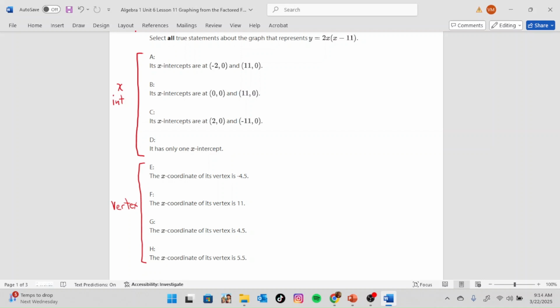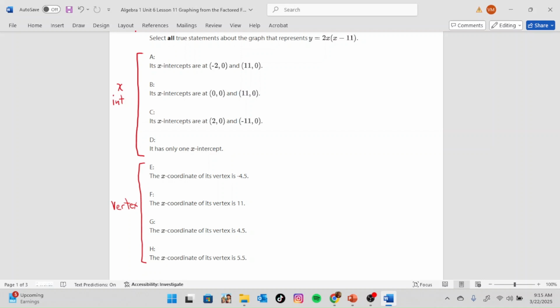A, B, and C are giving you two possible coordinates for the x-intercepts, and D is saying that there is only one x-intercept. So only one of these choices could be true.